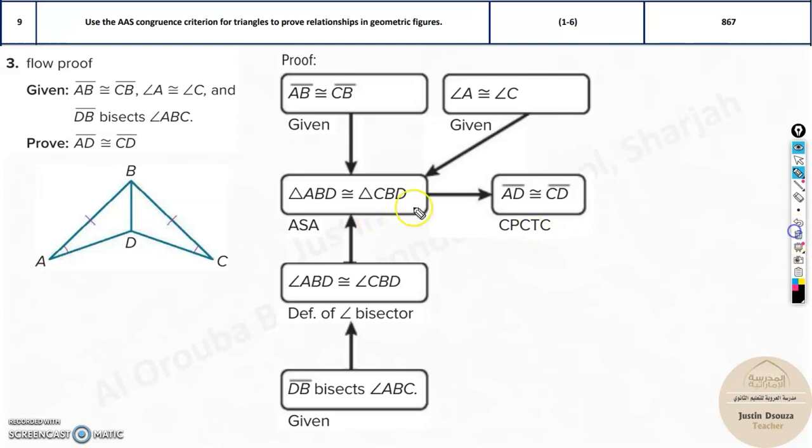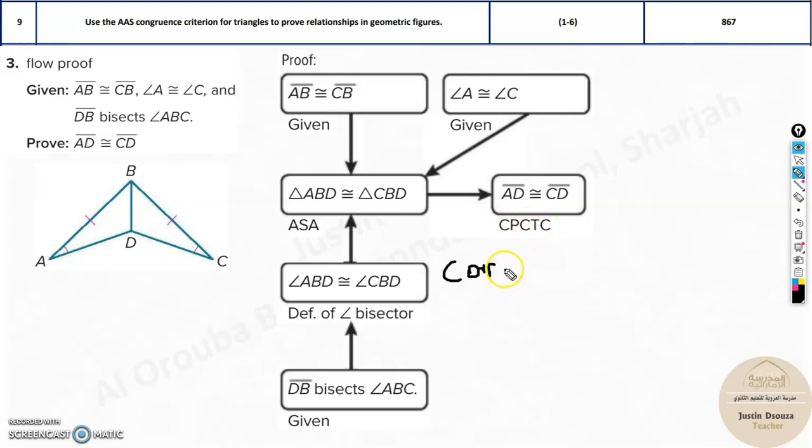Sorry, I'm so sorry. It's corresponding parts. I told three congruents. I'm sorry, I couldn't stop laughing just now. It's corresponding parts of congruent triangles are congruent.